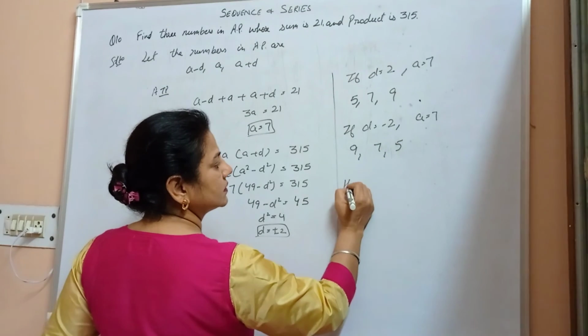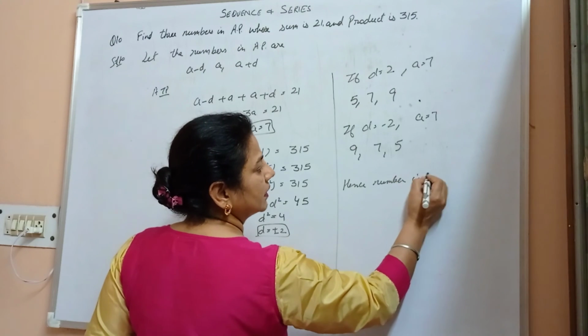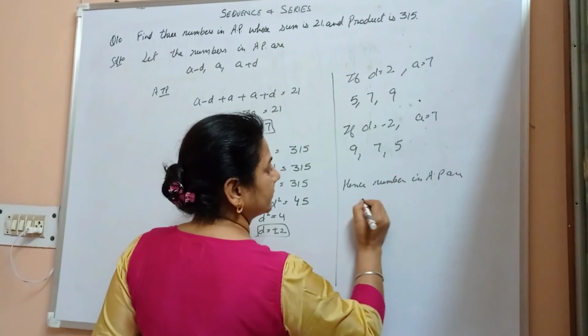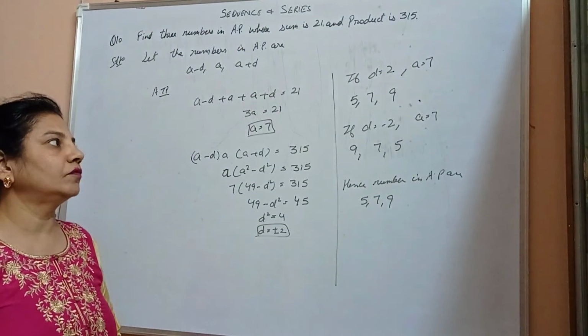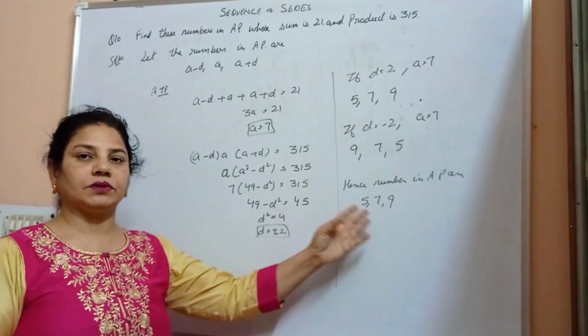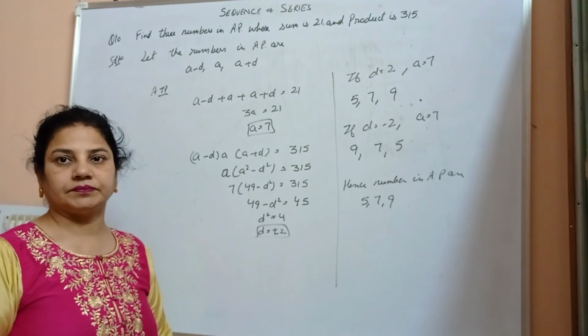Hence the numbers in AP are 5, 7, 9. Whichever way you take, you will get 5, 7, 9 only. The order is different, but you will get the numbers 5, 7 and 9.